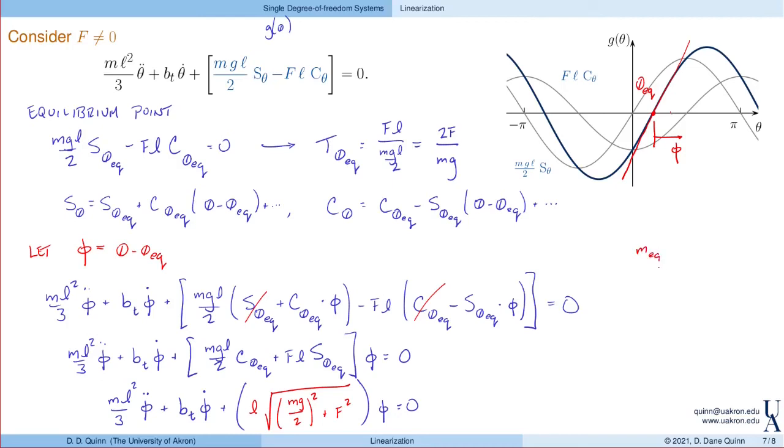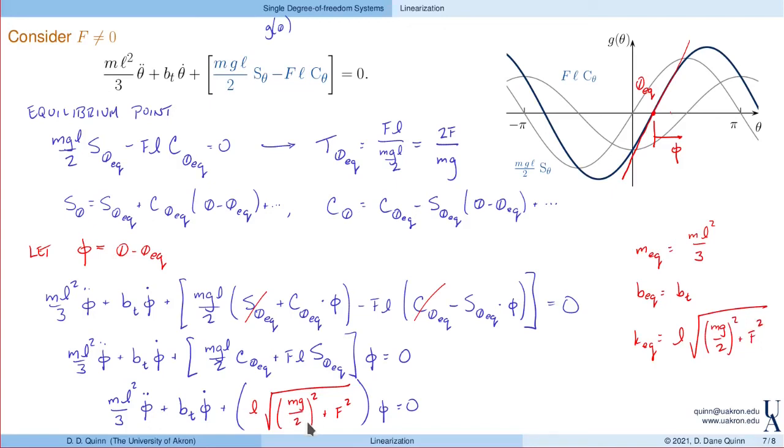The equivalent mass here is ml squared over 3. The equivalent damping is just bt, and the equivalent stiffness is L times mg over 2 squared plus f squared.